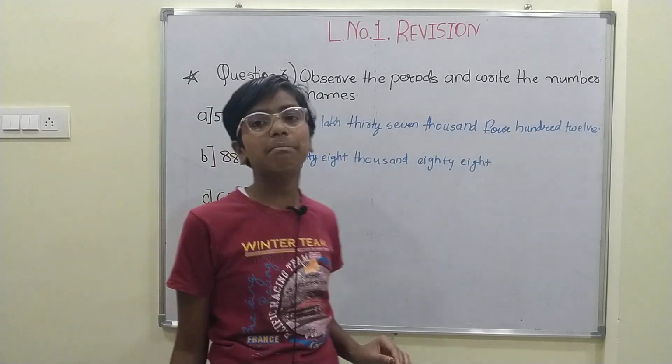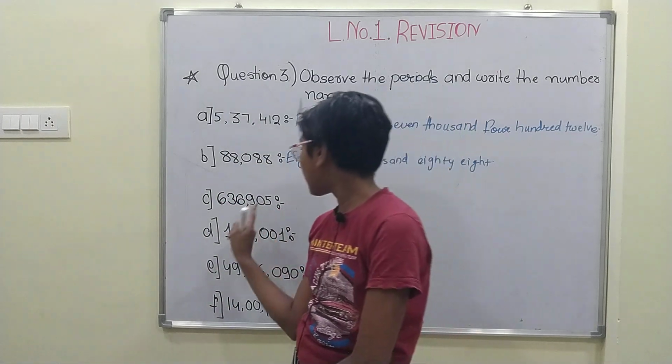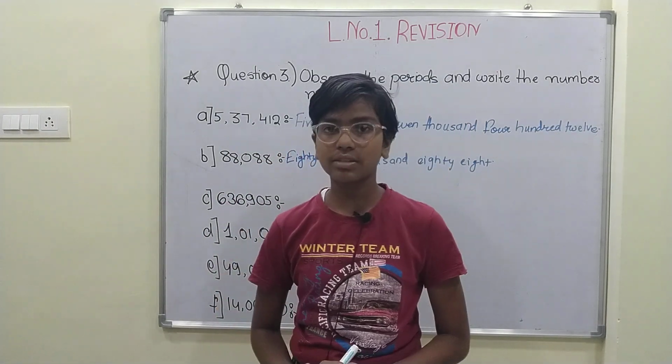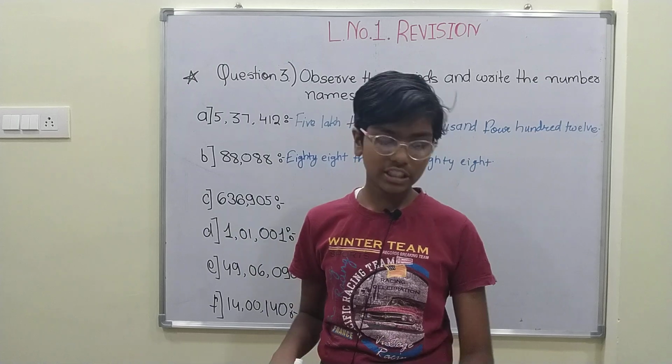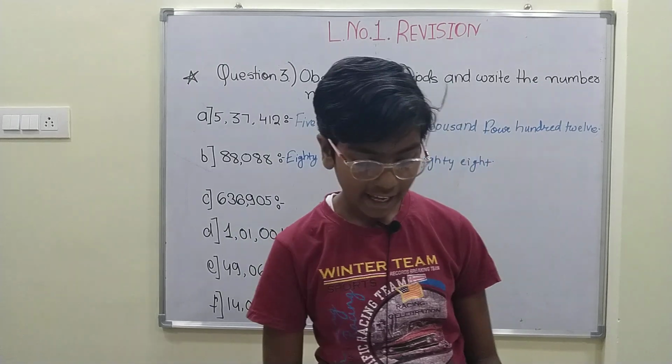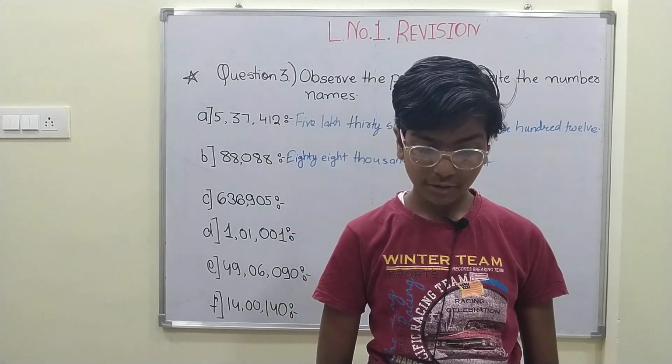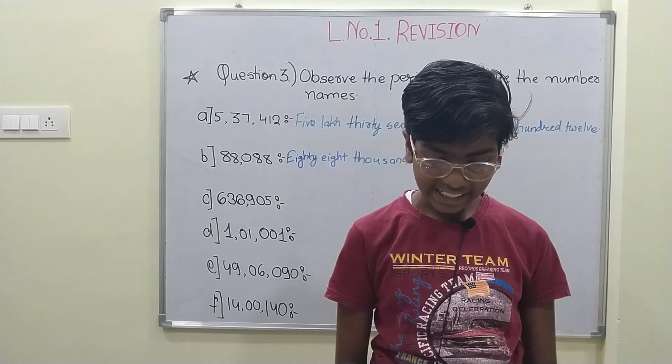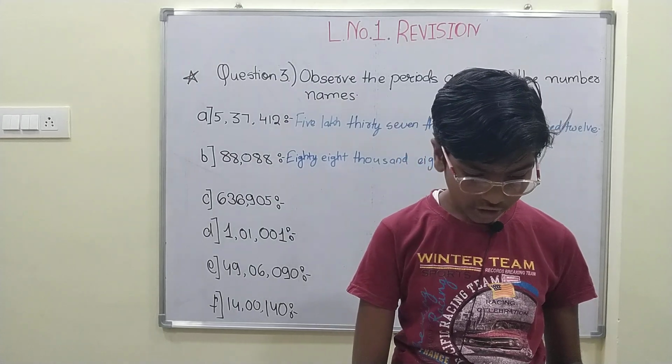636905. Now they have placed the commas. There should be a comma here in the Indian system, but it is given in the international system. So how will I write my answer? My answer would also be in the international system. Understood this?